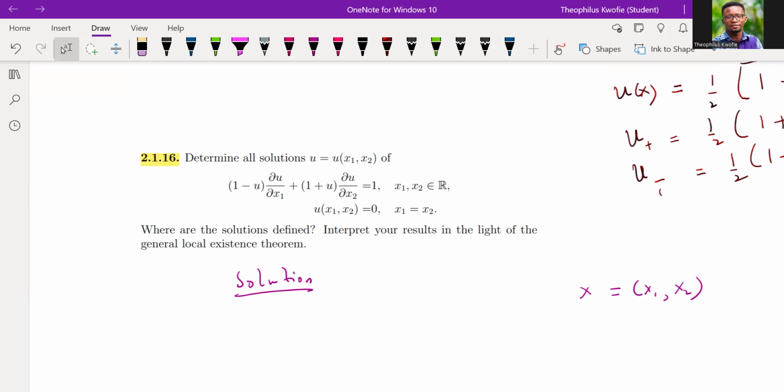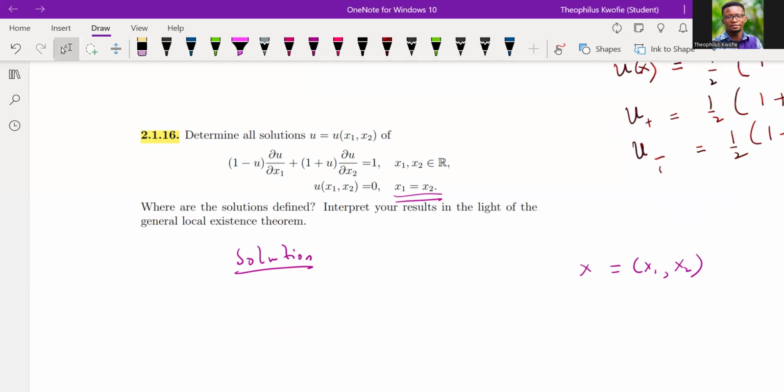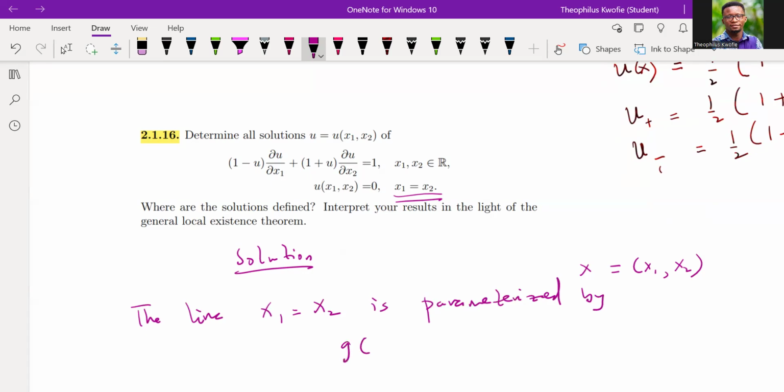Now, what would be the parametric equation of the given equation of a line? We are given this line, so we have to parameterize it. The line x1 equal to x2 is parameterized by g of z, which is going to be what?